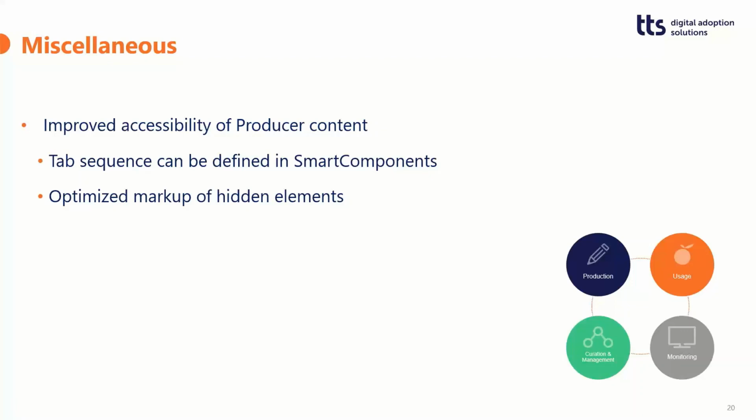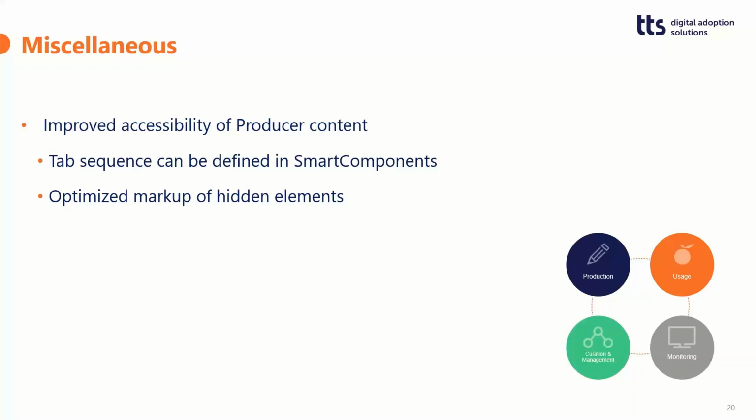The first one is that with the next smart component library, you will be able to define a tab sequence within your given smart components, so that if a user uses a screen reader and tabs through a learning unit using the tab key on the keyboard, you can now define in which order a smart component is selected and read out loud within the screen reader, so that you can bring all your interactive elements within a learning unit in the right order for a user that uses a screen reader.